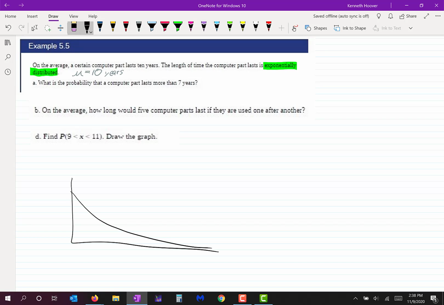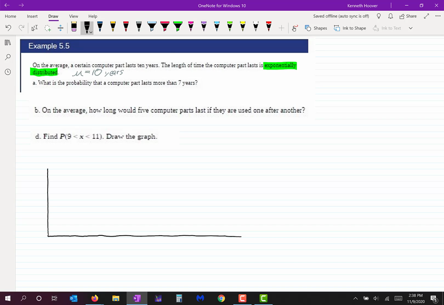Let me draw that a little bit more precisely, and let's write down the formula, because all we need to know is two pieces of information. We just need to know that it's exponential, and here's the average. That's all we need to know.